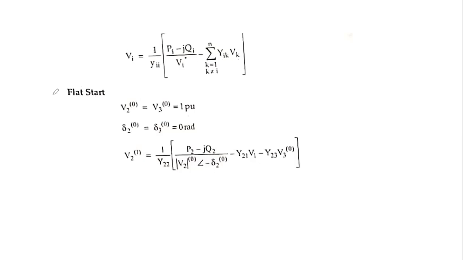Okay, first, the flat start. First, we are taking the flat start. Assume V2 power 0 is equal to V3 power 0 is equal to 1 per unit. Next, delta 2 power 0 is equal to delta 3 power 0 is equal to 0 radians.